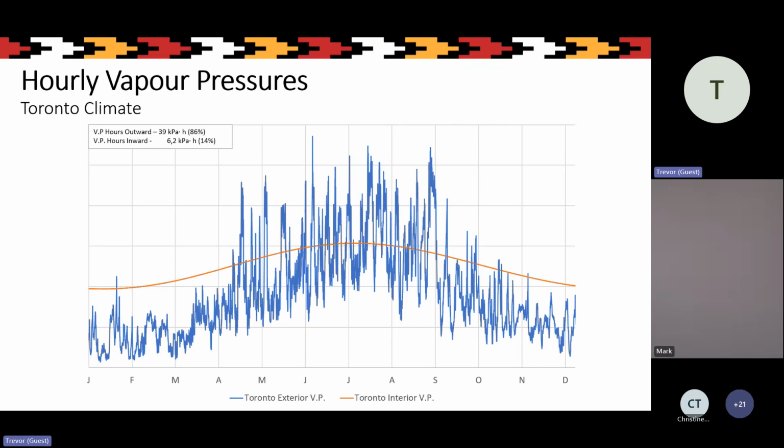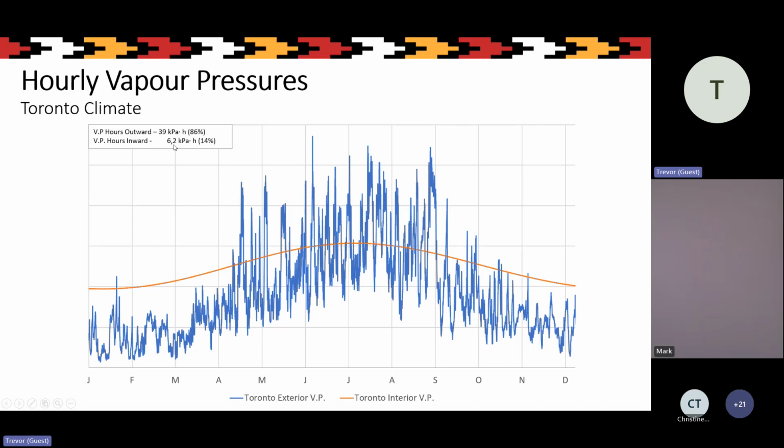If we were to go to Houston or somewhere, this could be very different. This could be almost reversed, where it's flowing the other direction 86% of the time. When we look at the summer here, June, July, August, there are certainly times of the year, especially in Toronto, where we have a reverse flow.